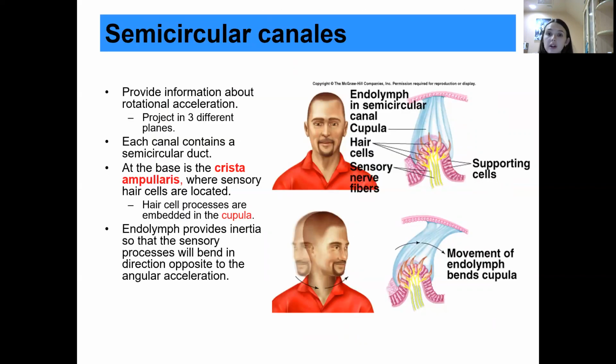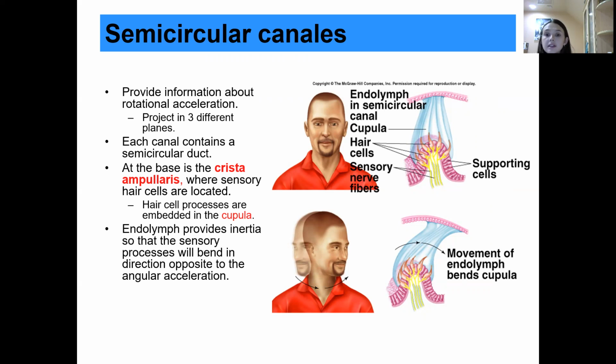So, semicircular canals provide information about rotational acceleration. They project in three different planes. Each canal contains a semicircular duct. At the base of this duct is located the crista ampullaris, where sensory hair cells are located. Hair cell processes are embedded in the cupula.